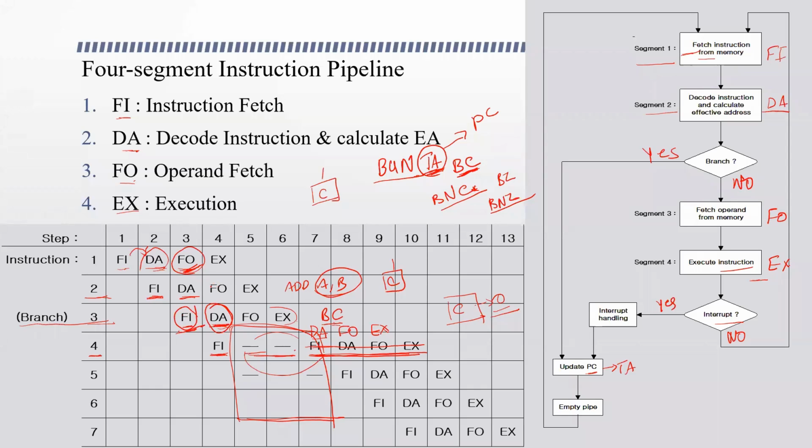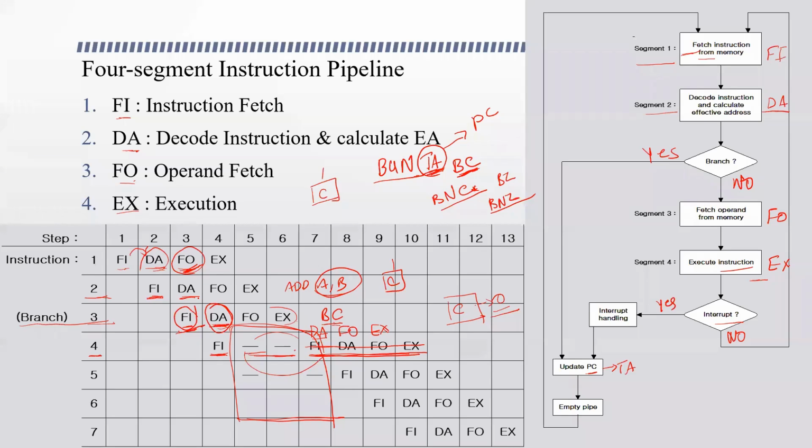So this can be resolved by separating the instruction and data memories. Instead of having a single memory unit for instruction and data, we have two separate memory units, one for instruction and one for data, and two separate bus lines for transferring instructions and data separately.